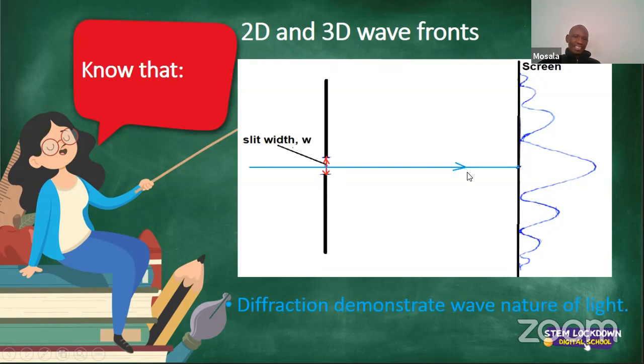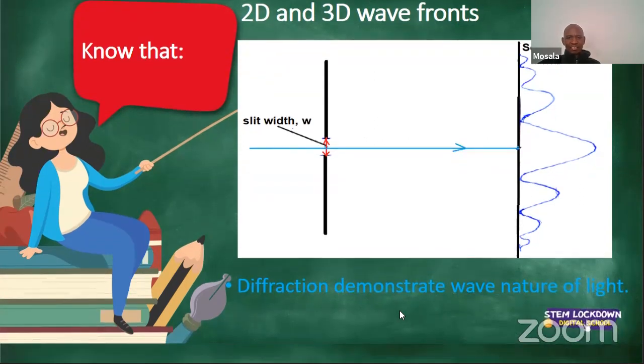You can see the main wave and the secondary wavelets coming here. Light, instead of going straight this way, spreads out into wavelets. Diffraction demonstrates the wave nature of light.